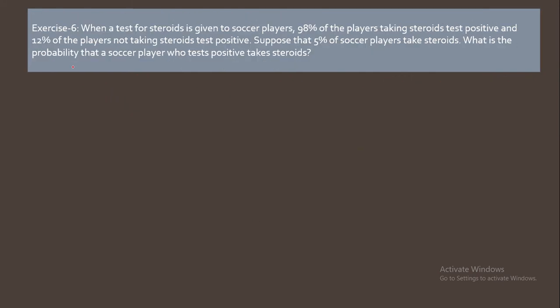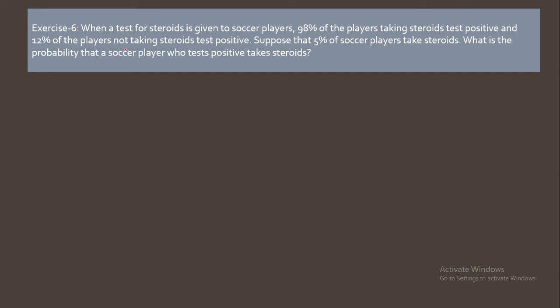In this question it is said that when a test for steroid is given to soccer players, taking steroids test 20% of the players not taking steroids tests positive. Suppose that 5% of the soccer players take steroids.